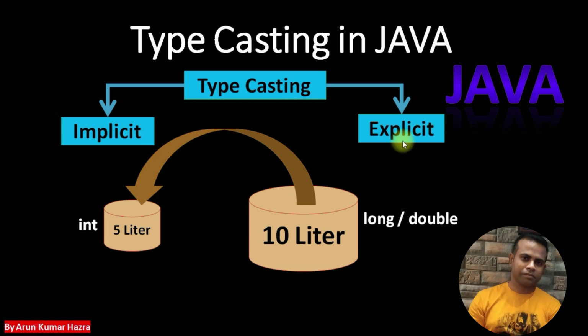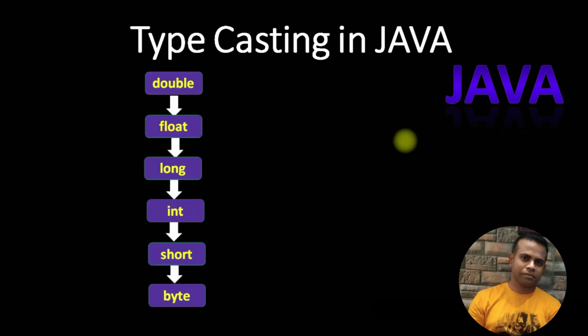So this type of conversion from higher to lower is one type of explicit typecasting. The main difference between implicit and explicit is that one goes from lower range to higher range and the other goes from higher to lower range. In this example, if we try to convert from double to float, or float to long, or long to int, or int to short, or short to byte, we are converting from higher level to lower level.